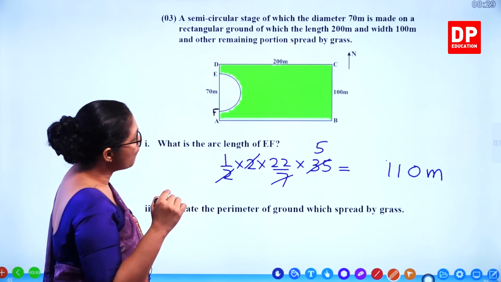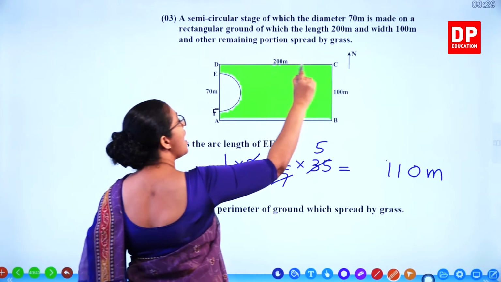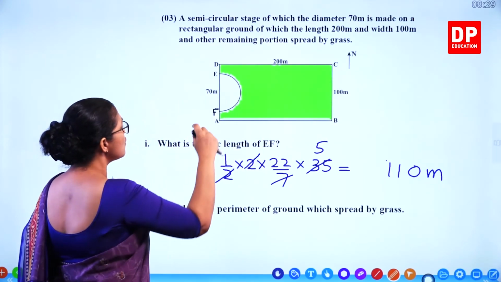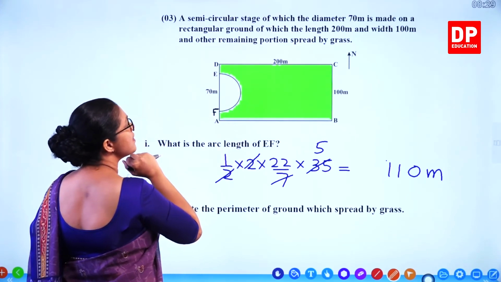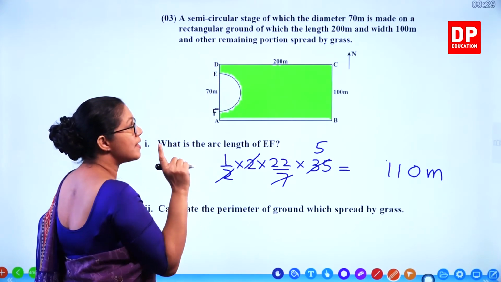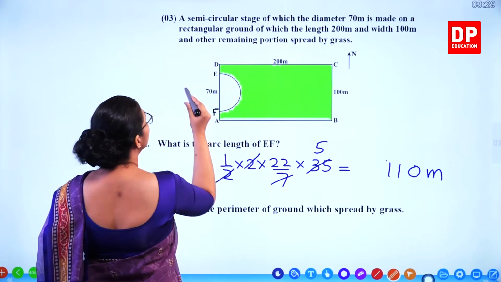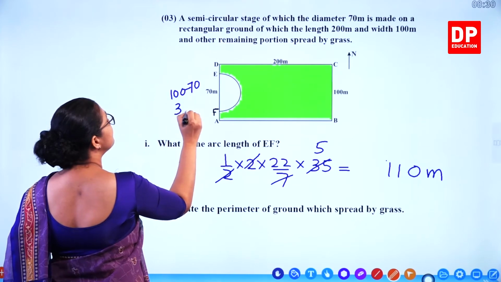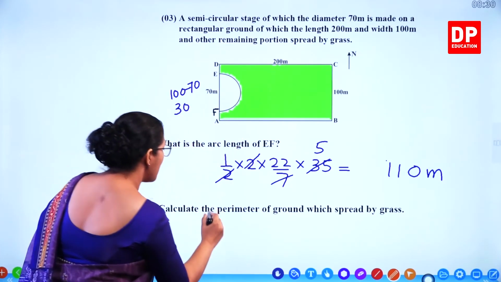Calculate the perimeter of ground which spread by grass. So you have to add all these outer lengths. So what is these two? 100 minus 70. So we can find out 100 minus 70 is 30 for these two. Then we found the arc length. Now you can just add it.